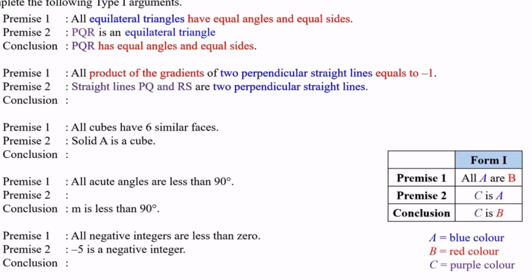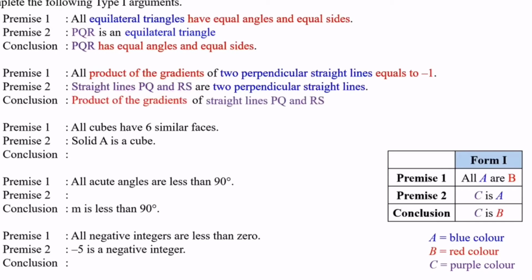Now we write the conclusion using the purple color and the red color. The product of the gradient is the term you need to copy down: the product of the gradient of straight lines PQ and RS, which are C, and continue with equal to -1. That is how you solve the conclusion.